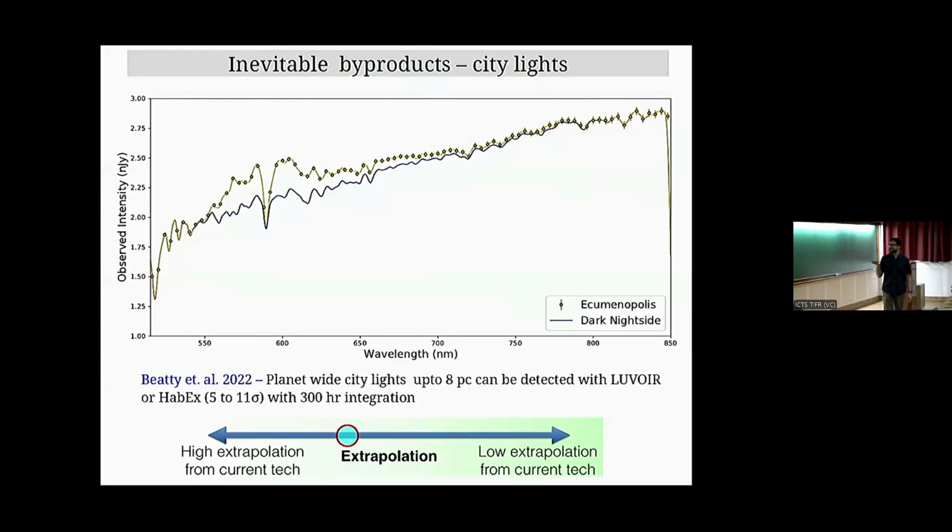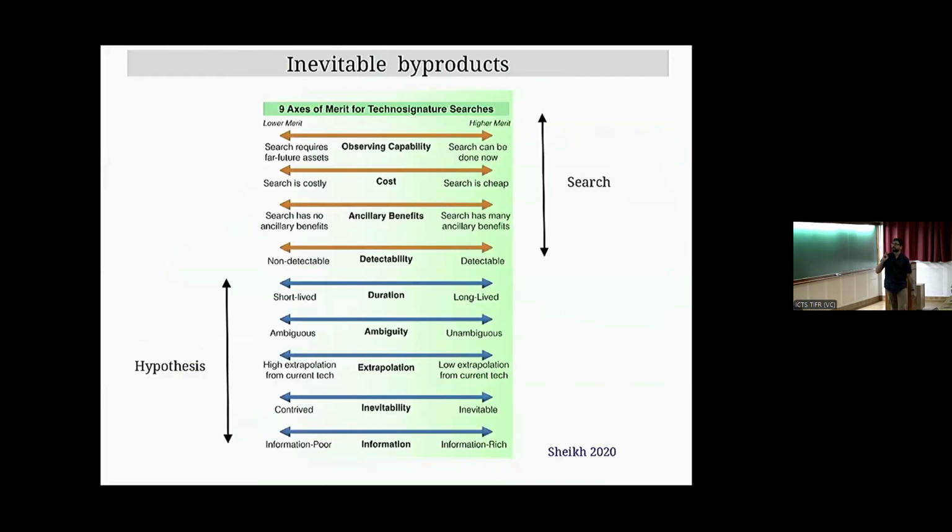So now you can see there is a little bit of extrapolation going towards the highest extrapolation, when we are talking about planets completely covered with street lights. Where do these fall on this axis of merit? The information is somewhere between information poor and rich.